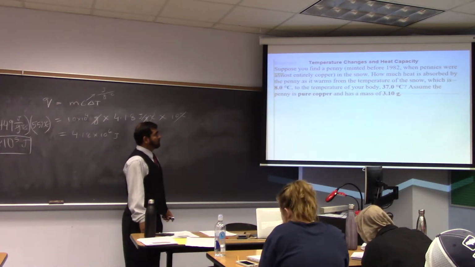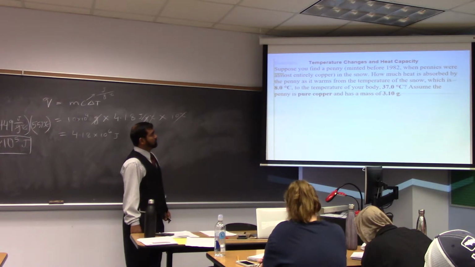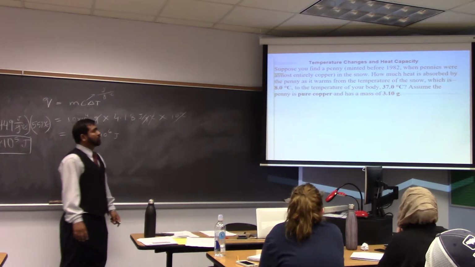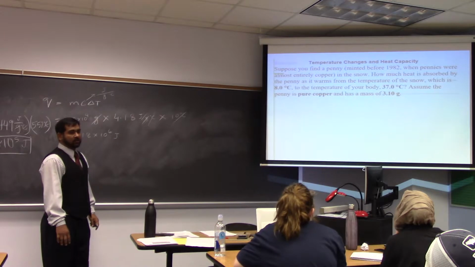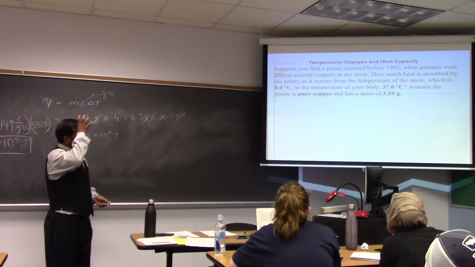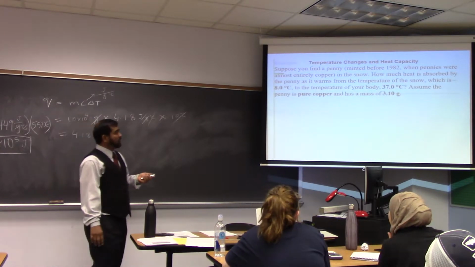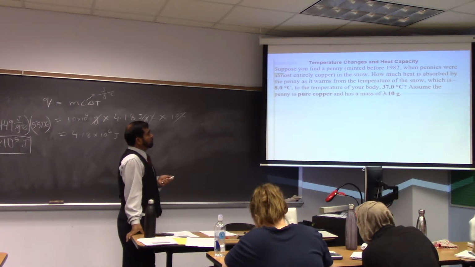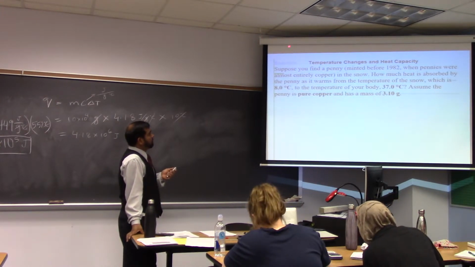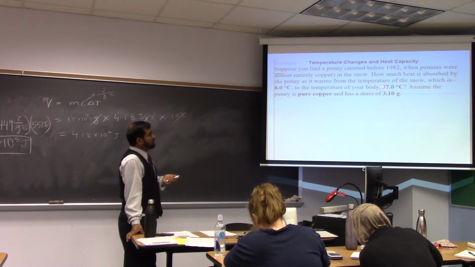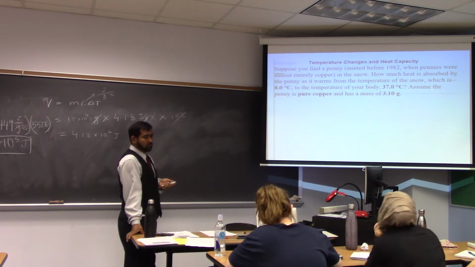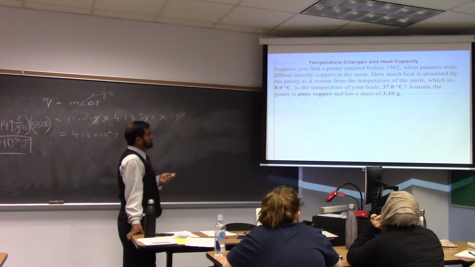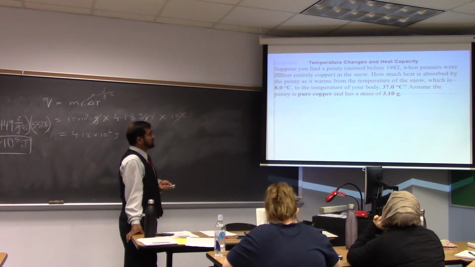And then we can go to a different problem, but kind of similar. You see the copper is warming up from -8 to 37, right? And then the mass is given.